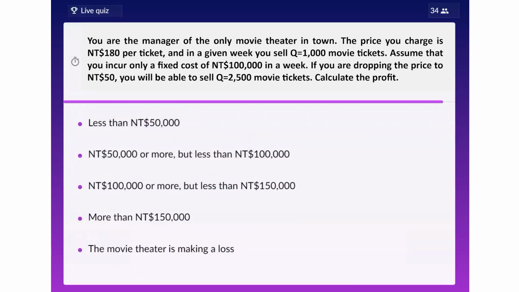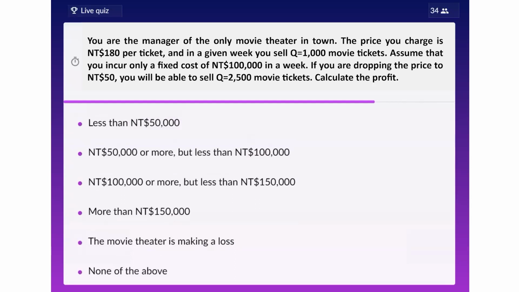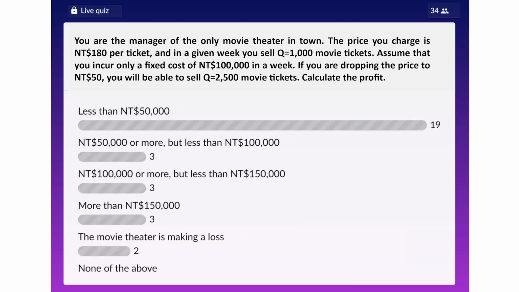Okay, what if you drop the price to 50 NT dollars? Now you're selling 2,500 tickets per week, and so now calculate the new profit. Okay, let's look at your answers. Majority of you say less than 50,000 NT dollars, and that is indeed the correct answer.